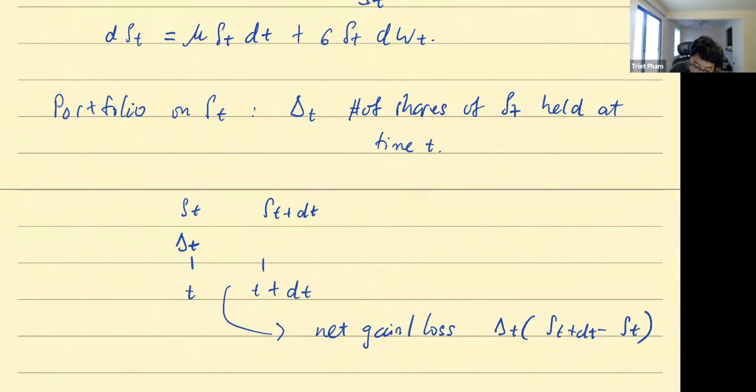Now let me introduce another notation, pi t, which is delta t times S t, the value of your portfolio at time t.